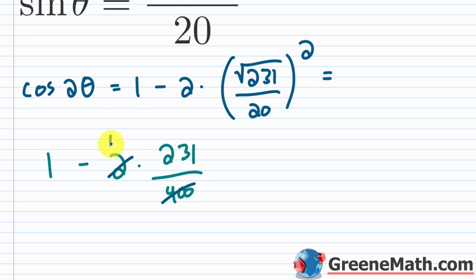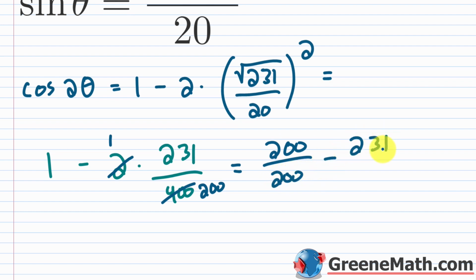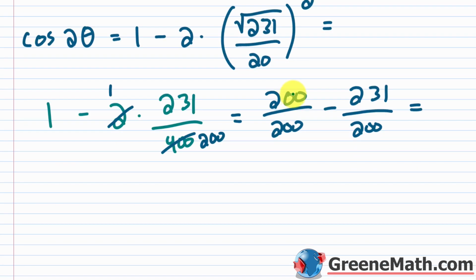So 2 divided by 2 is 1. 400 divided by 2 is 200. So this would be equal to, let me write this with a common denominator, 200 over 200, and then minus 231 over 200. So this would be equal to 200 minus 231, which is negative 31, over the common denominator of 200. So this would just be negative 31 over 200 for the cosine of 2 theta.